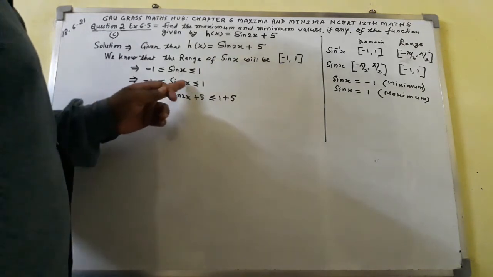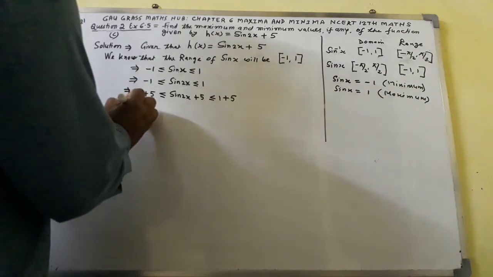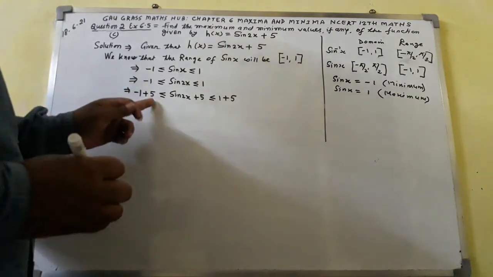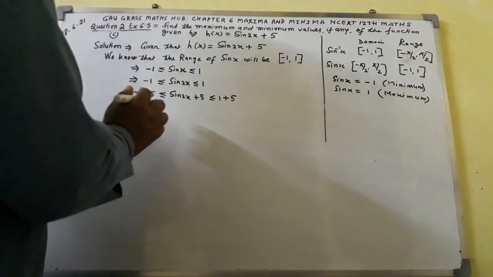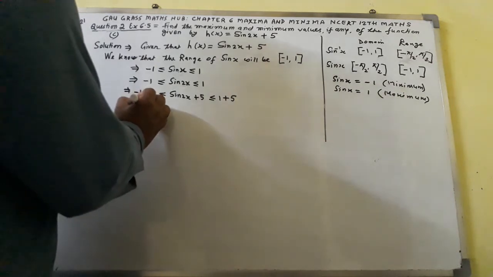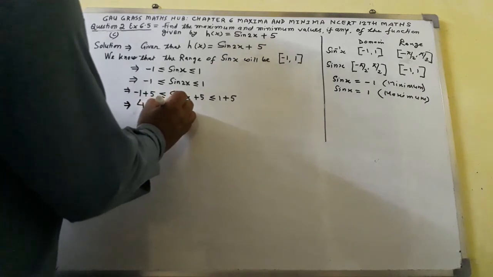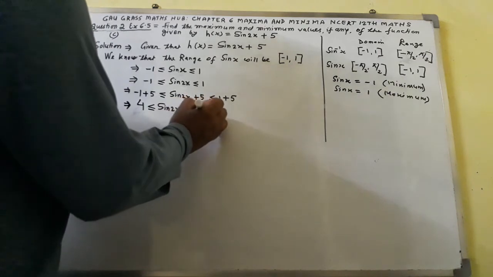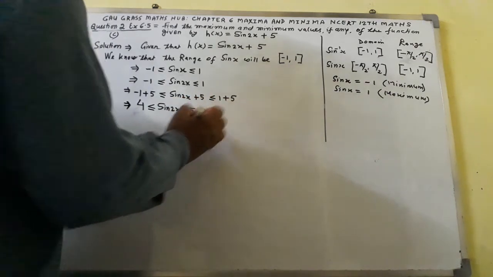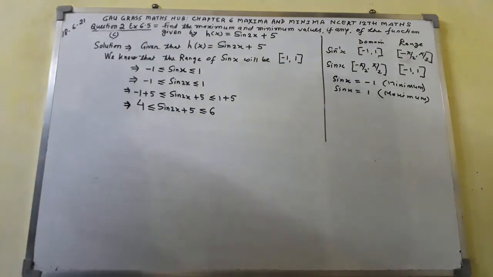Here -1 plus 5 comes out to be 4, so 4 is less than or equal to sin 2x plus 5, which is less than or equal to 6, since 5 plus 1 is 6.